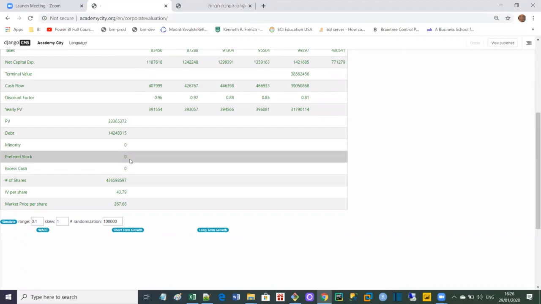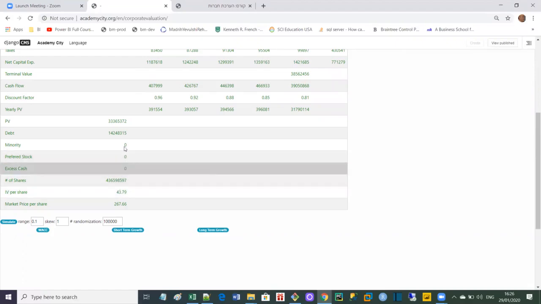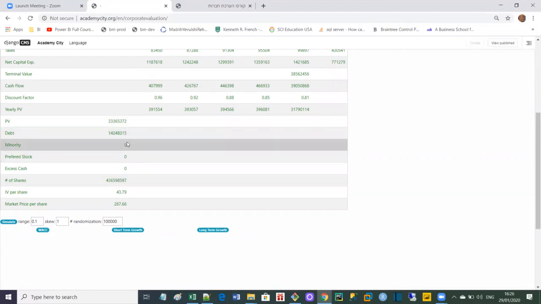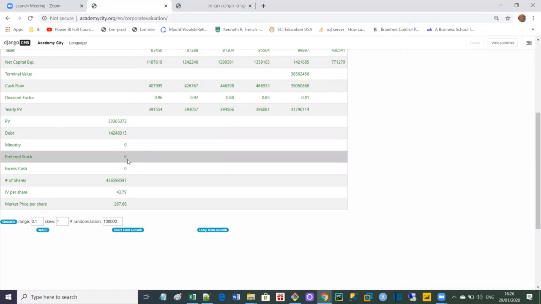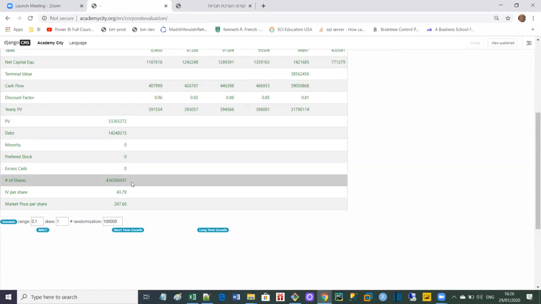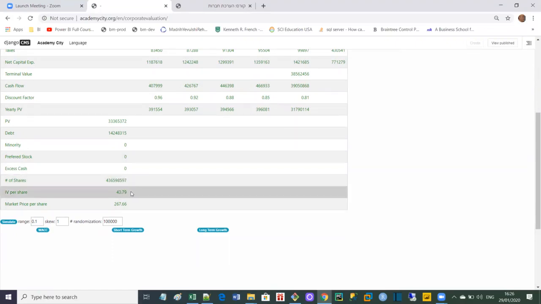And if there is a preferred stock, it will show here automatically. When we take the present value minus debt, minus minority interest, minus preferred stock, we get the net present value of equity. We divide it by the number of shares. We get the intrinsic value per share.